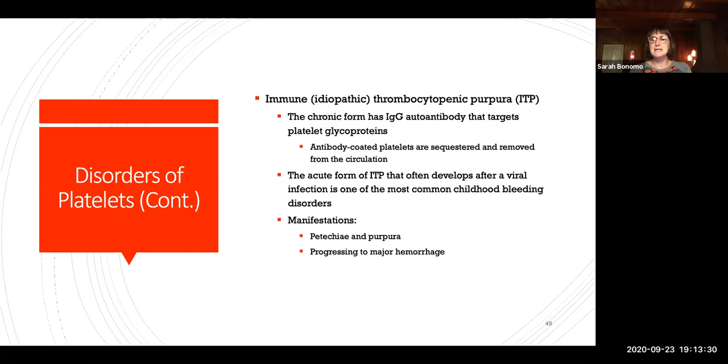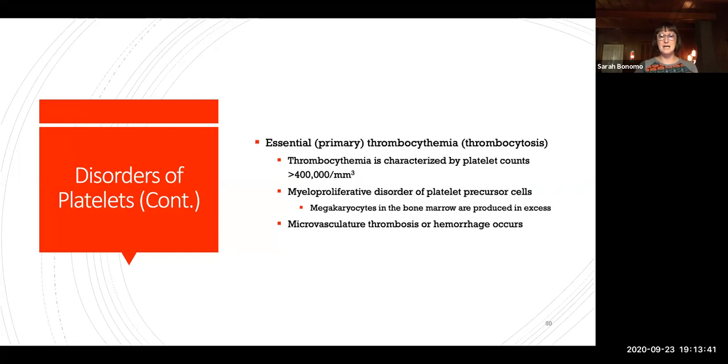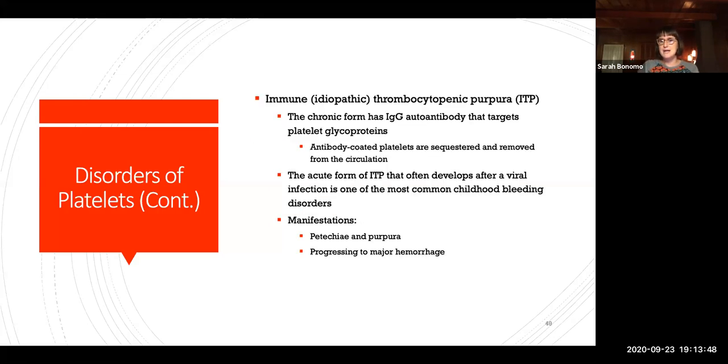So we're going to see again petechiae and purpura, which are those tiny little bruises, those little purple dots all over. And it can progress even to major hemorrhage. So we need to treat it and be focused on managing that. The way we do that is through IVIG infusions.